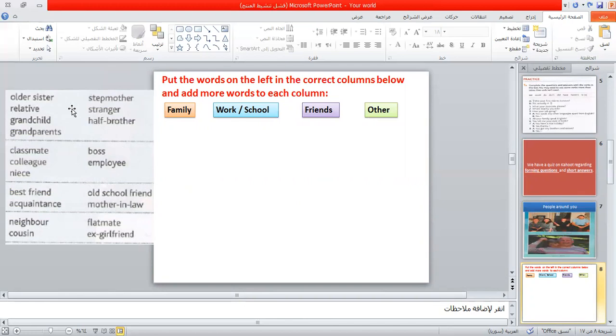I created a different activity apart from the book, because I thought this will be an interesting activity for them. So they will be in groups, discussing with each other which word belongs to which category. Here we have family, work, school, friends, and other. And here we have the words.